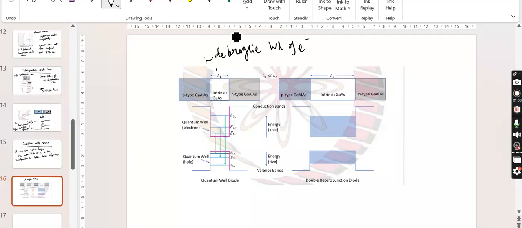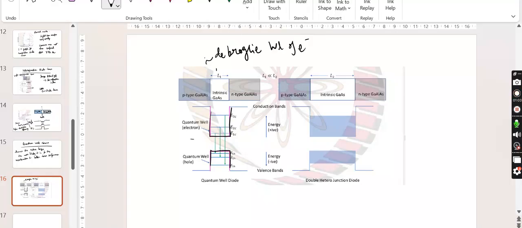and only then will it act as a quantum wave, and this magenta color is the quantum wave portion here.